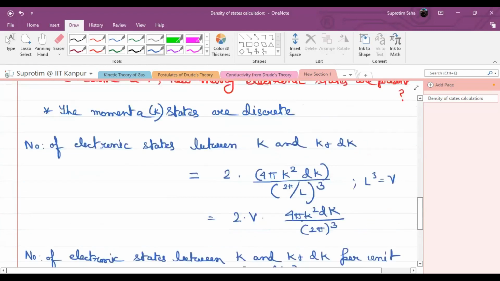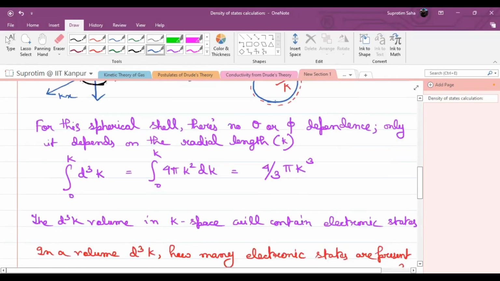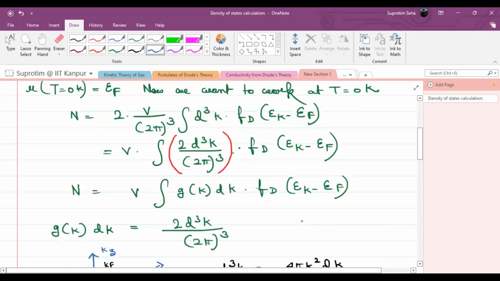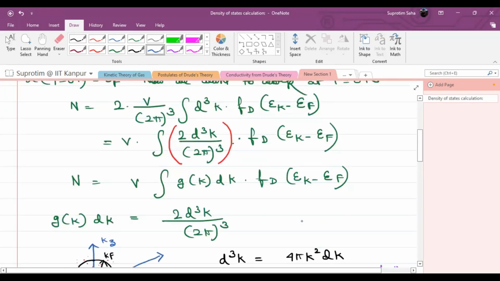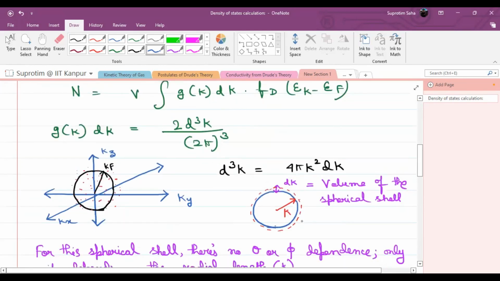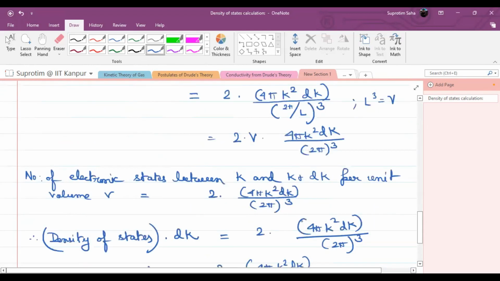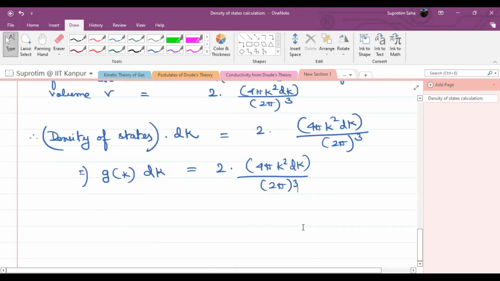Now, if we go back to the earlier derivation, what we saw is that we wrote g(k) dk is twice d cubed k over (2 pi) whole cubed. Now you can understand why I've been telling you this: this is the interpretation of the density of states. We didn't write out of the blue that 2 times this can also be written as 2 d cubed k over (2 pi) whole cubed.